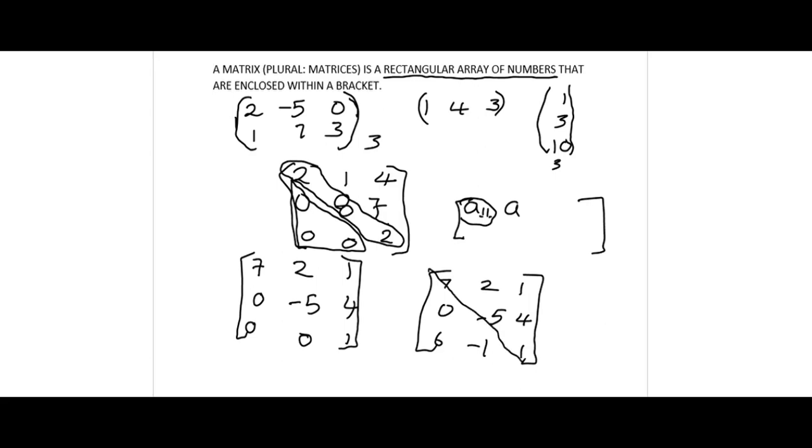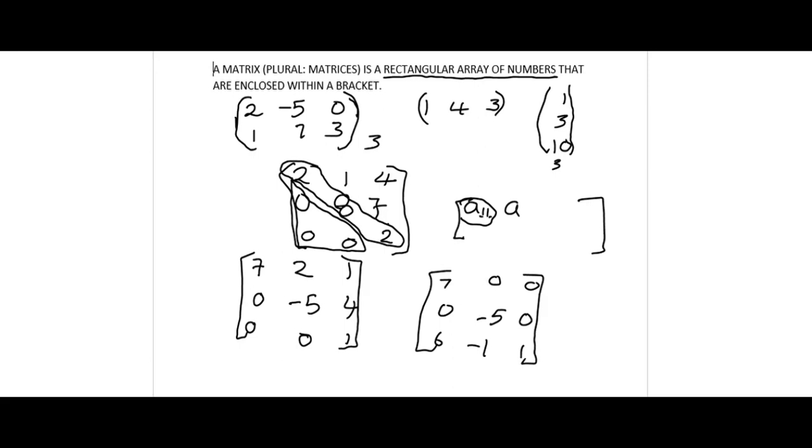Then that means all the entries above the principal diagonal will be 0. All the numbers above the principal diagonal will be 0. So I have 0 here, 0 here, and 0 here. I believe you understand what this says.